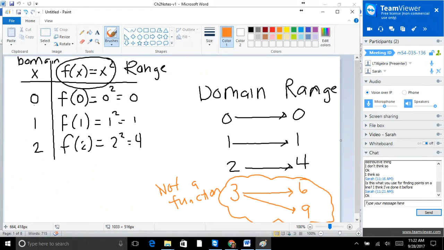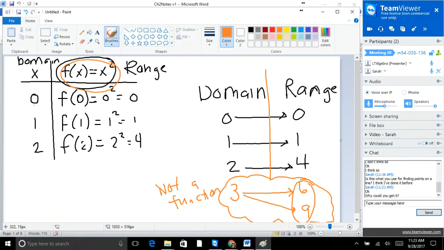Because for everything that I put in the domain, everything on this side has to match up with only one thing in the range. So for this particular case, you're right, I couldn't get 6. But if I just gave you some random domain and ranges, we couldn't match up to more than one number.